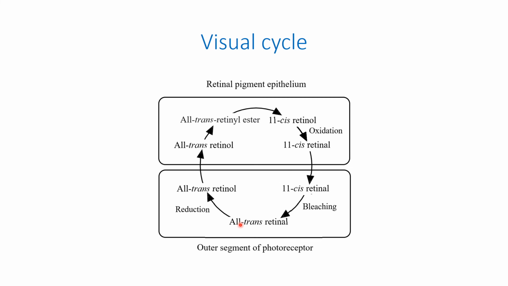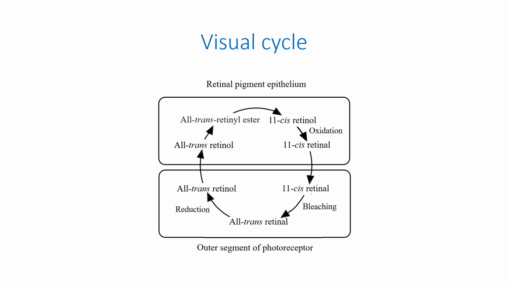The all-trans retinal, after dissociation from the opsin, is reduced to all-trans retinol and is transported into the pigment epithelium, where appropriate enzymes ultimately convert it into 11-cis retinal. This latter is transported back into the outer segment, where it recombines with opsin in the discs.